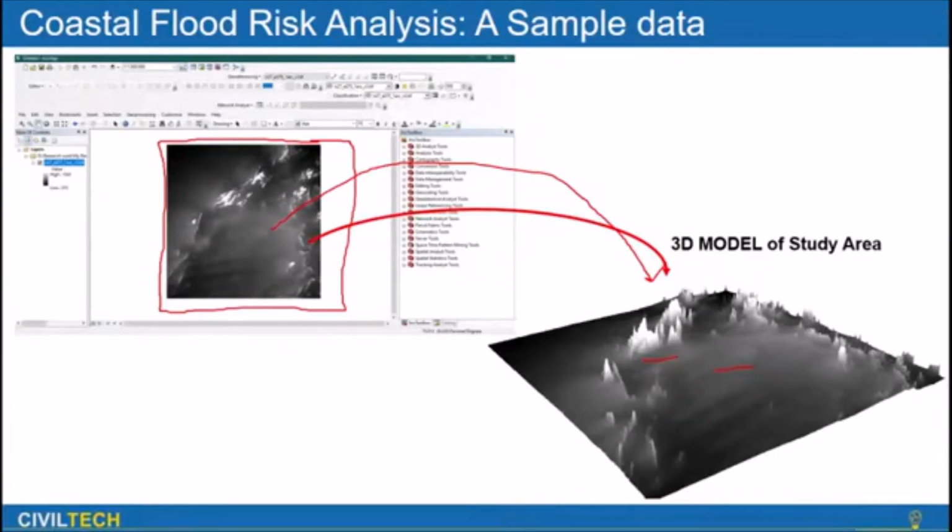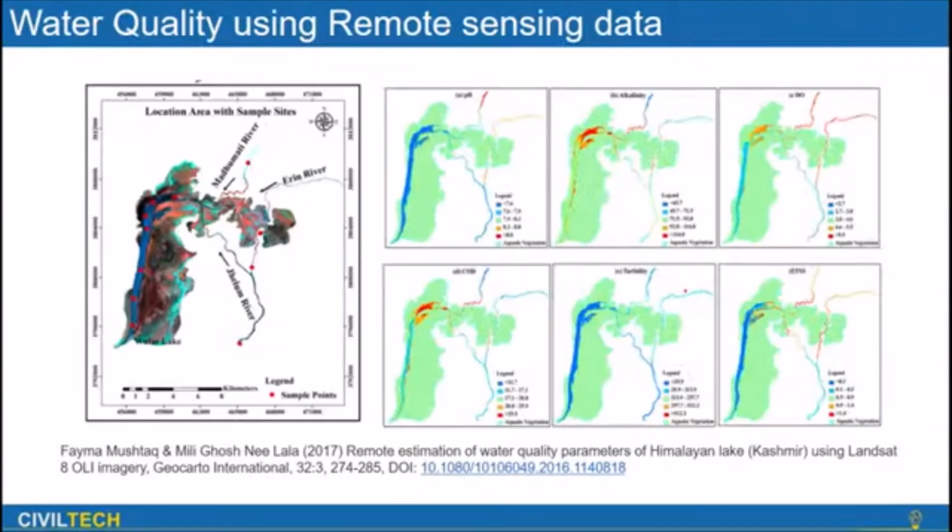Now let us move on to another example and see how interestingly we can expand the applications of GIS. Let us say there is a big river, and I ask you to find out the water quality at multiple points, right? For example, a river stretch of 100 kilometers.